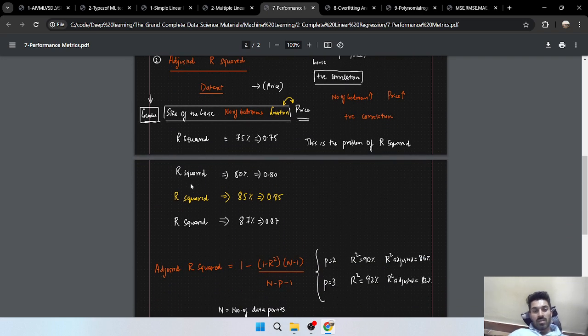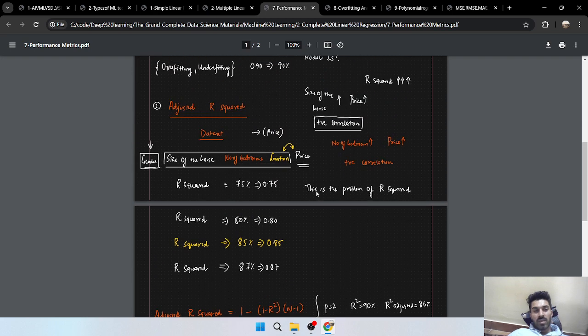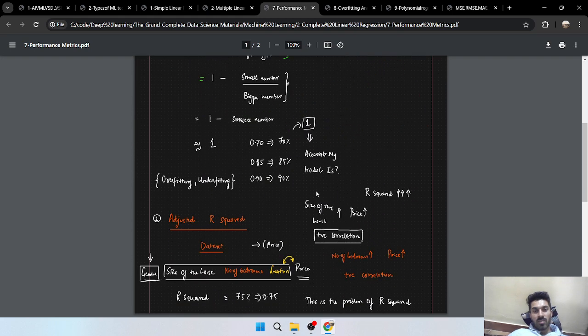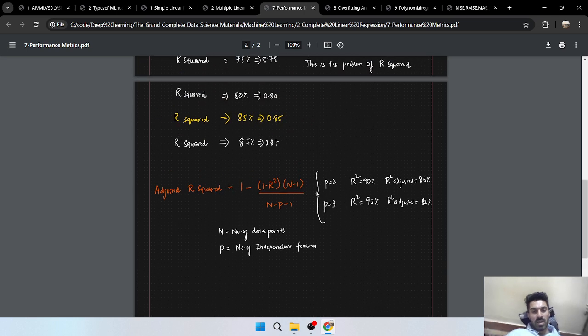And why are we using adjusted R square? This may also come to your mind.